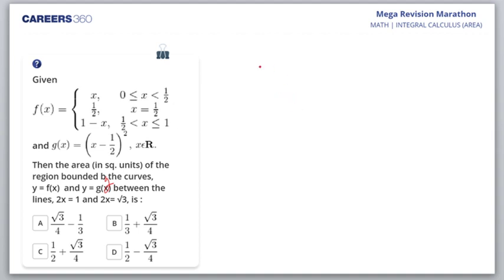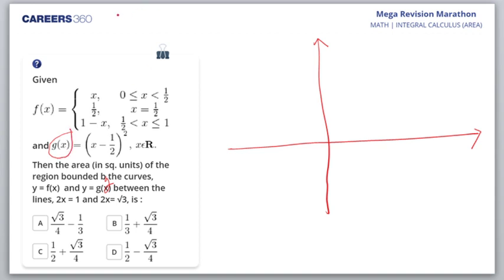Let's see. There's a piecewise function. Okay. Ashwat Shikhar C, Dilip, you're getting C. Okay. Let me see what the answer is. So let us draw the graph of the function. So this is the xy axis. First of all, I'll make the graph of g(x). g(x) is y equal to (x minus half) whole square.